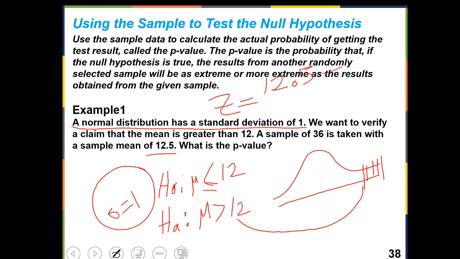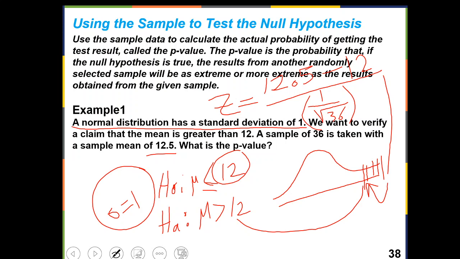We have to subtract mu from it, and then divide by the standard deviation, which is 1 divided by the square root of 36. That's our z. So we're going to get that z and put it over here, and then find the area to the right of it on the z distribution. So that's how we're going to do it.